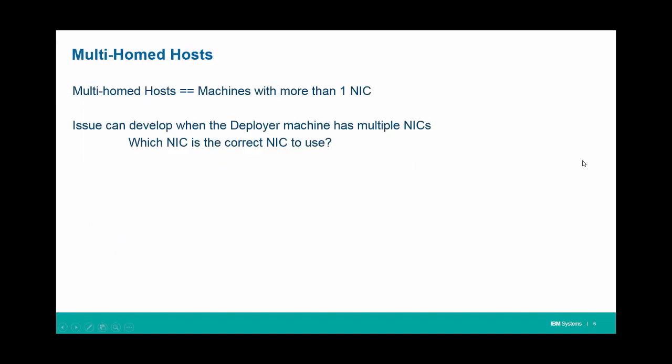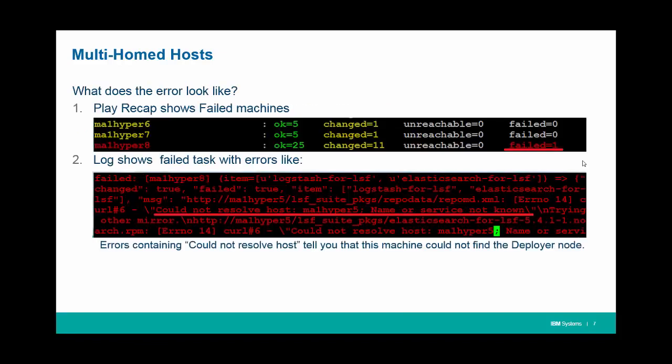Another one you may see is if you have multi-homed hosts. What I mean by that is a machine that has more than one NIC. You can get issues around hostname resolution, and these are pretty easy to correct as well. Maybe you'll see that on one of the boxes, it failed. If you look at your log, a file called ansible.log in the playbook directory, you may see something like this: name or service not known.